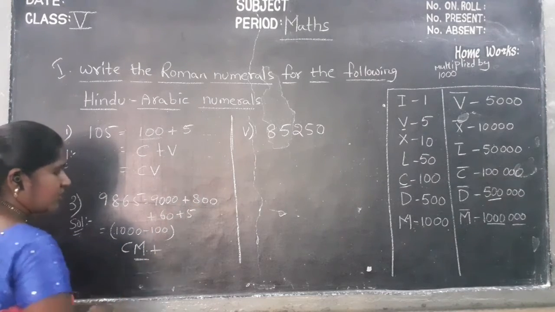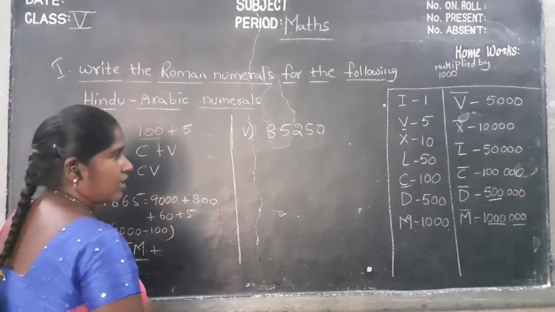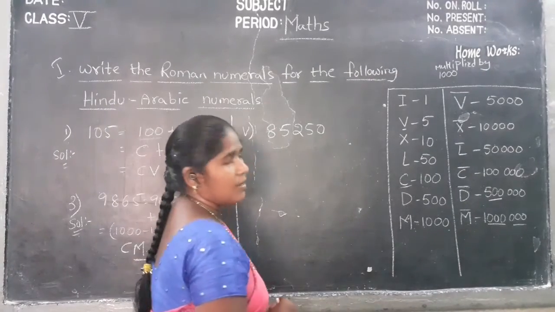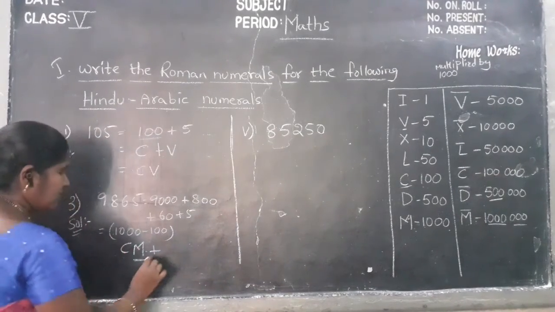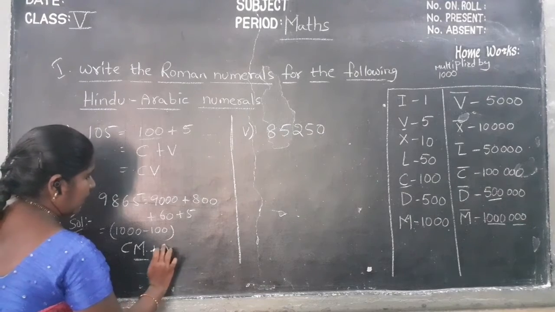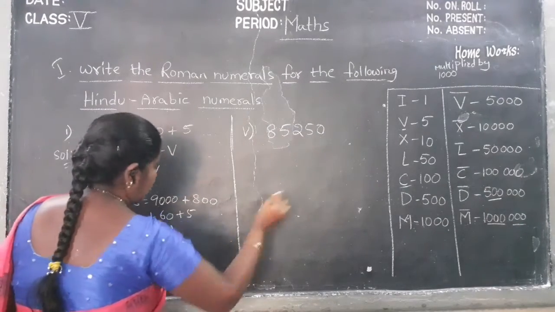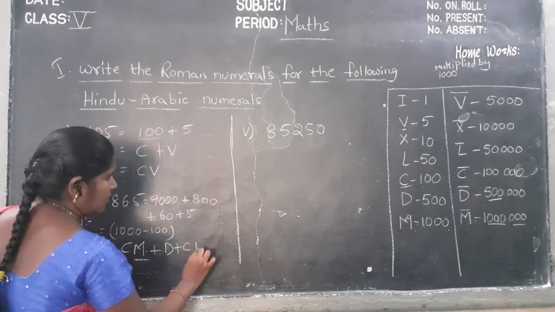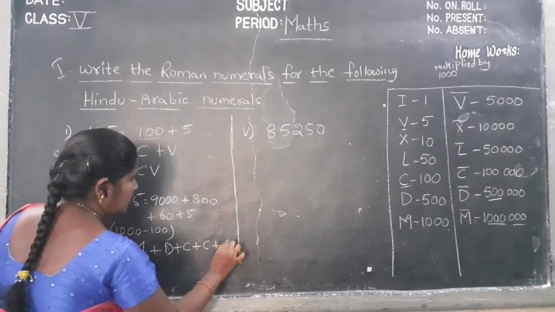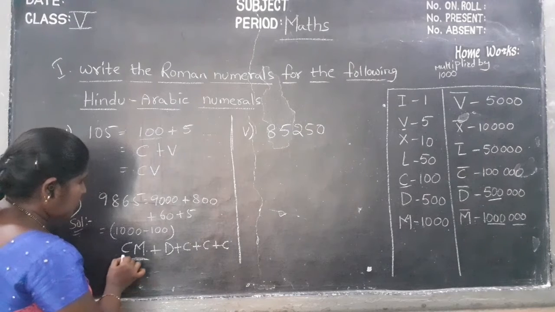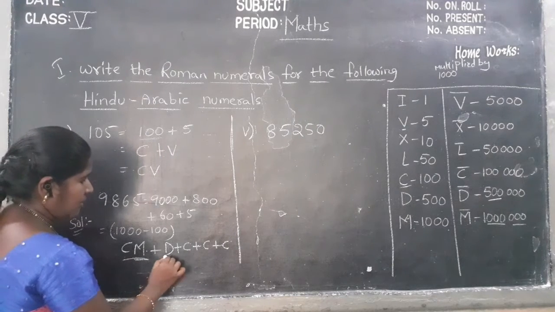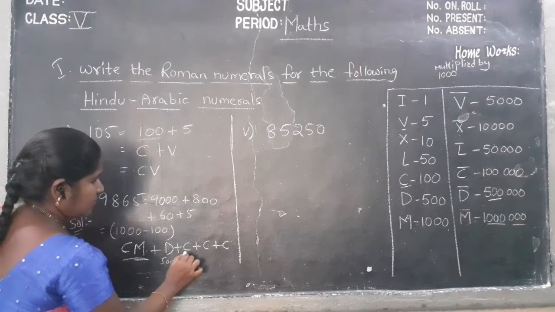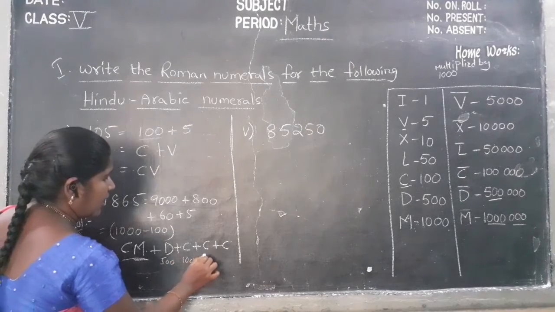And after that, 800. How to write 800, children? 500 plus 100 plus 100 plus 100. 500 is D, and again 100 is C. D means 500, C means 100.